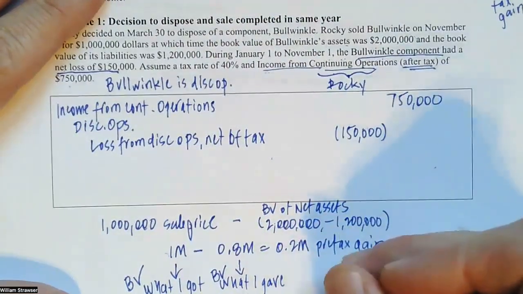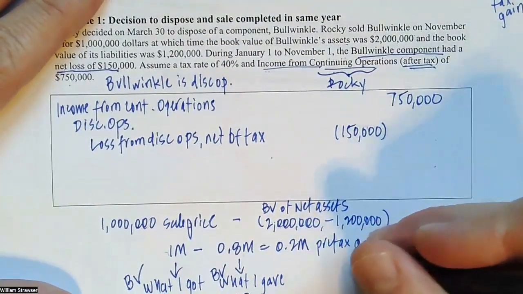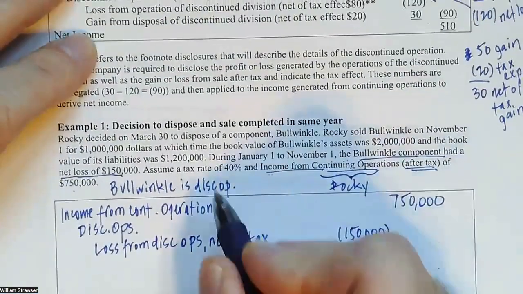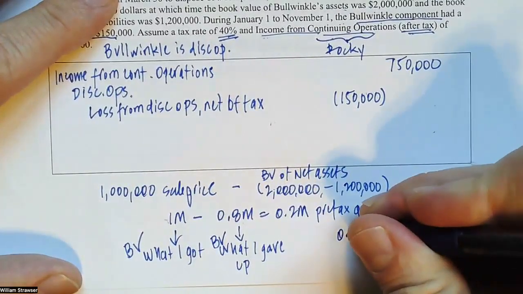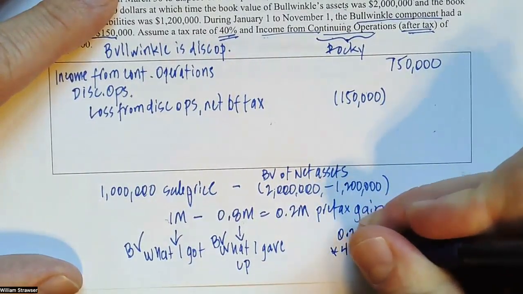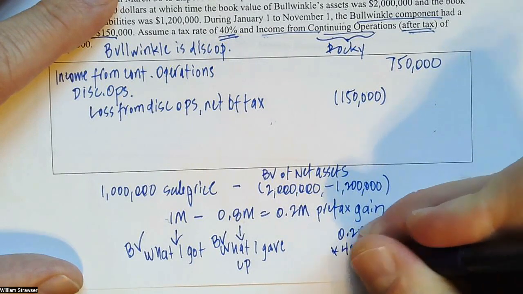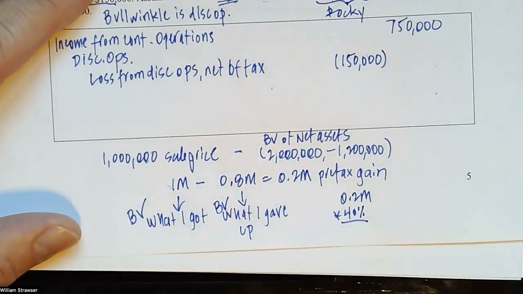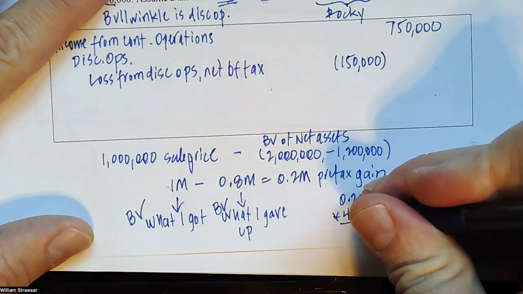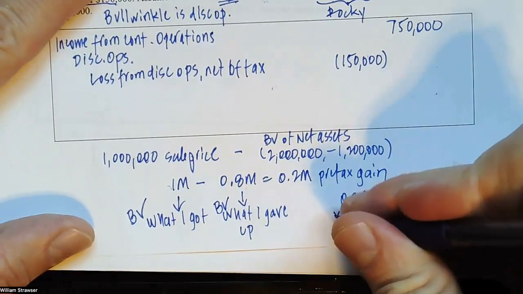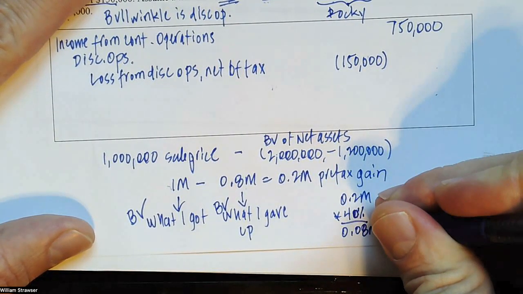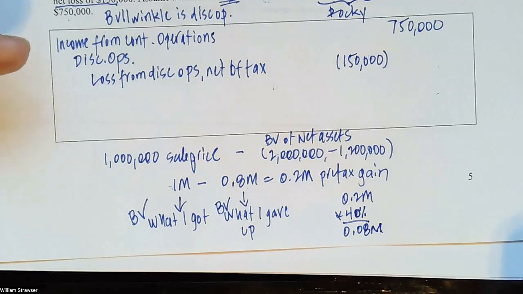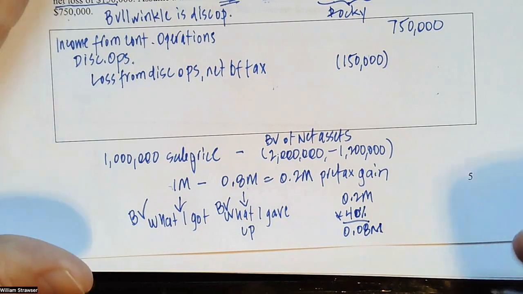So in this case, yes, I would label it as a gain, but I take the 0.2. And if I'm applying a 40% tax rate, then 0.2 million times 40% is 0.08 million, which would leave me with 0.12 million, or $120,000.